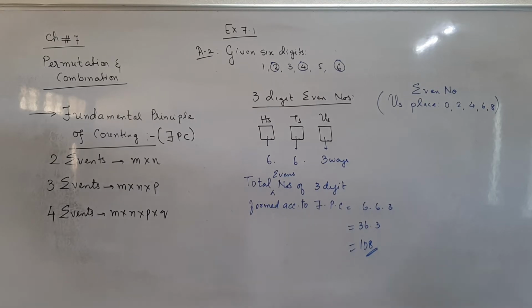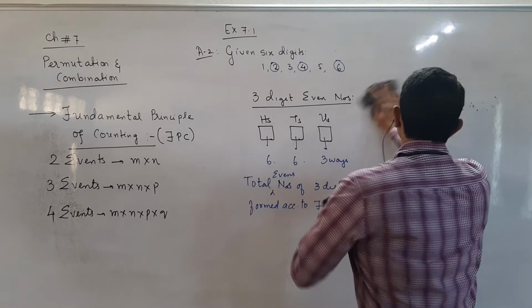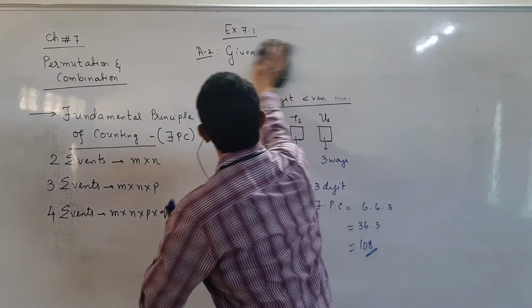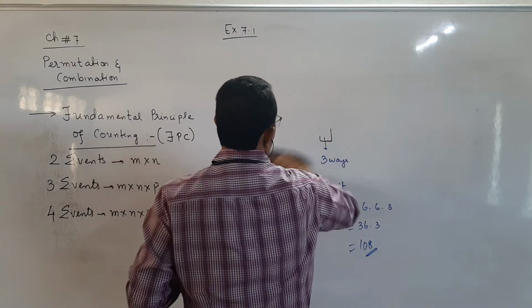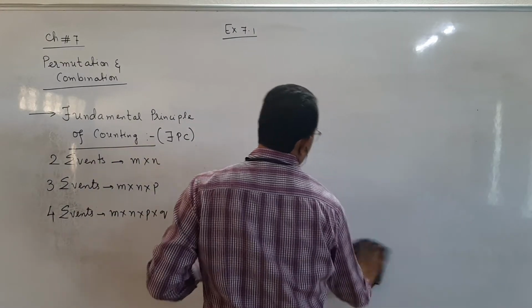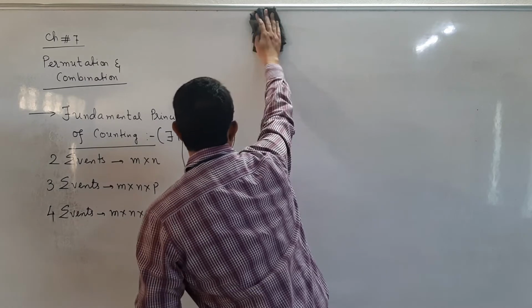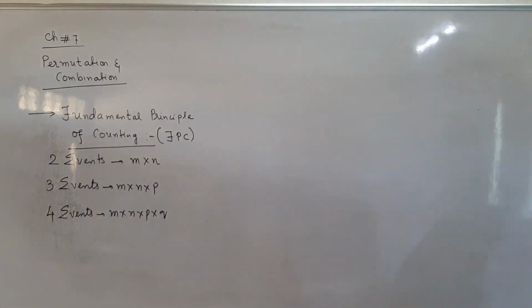Okay, the third sum. How many codes of 4 letters can be formed using the first 10 alphabets of English where repetition is not allowed? According to the given data, we have the first 10 English alphabets.